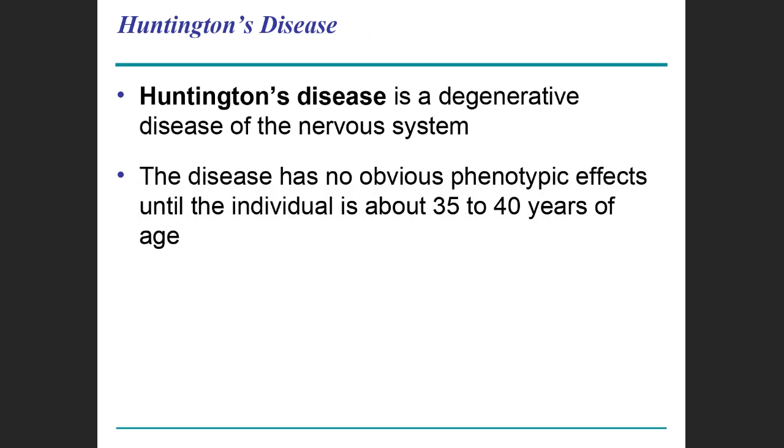A few more diseases here. Huntington's disease is a degenerative disease of the nervous system. But here's a case where there are no symptoms until you're 35 to 40 years old. So you're phenotypically normal. You do not know you have this condition. So most people, by the time they're 35 or 40 years old, have had kids.